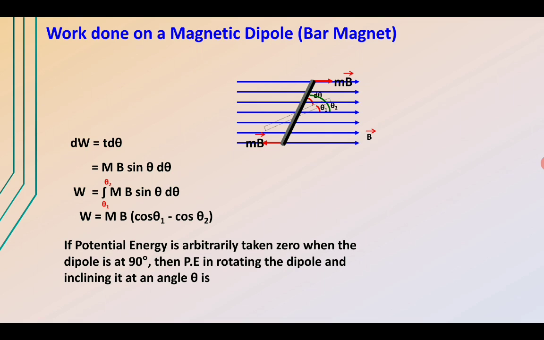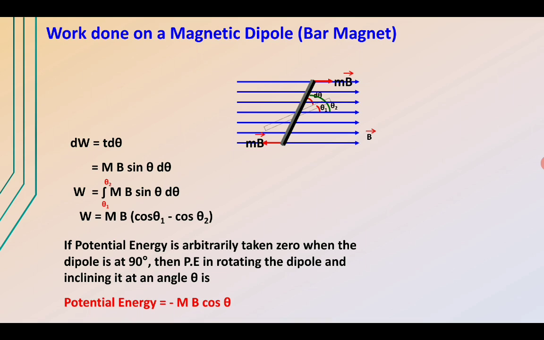Now this work done is stored as the potential energy. So if potential energy is arbitrarily taken 0 when the dipole is at 90 degrees, and the potential energy in rotating the dipole to an inclination at an angle θ, the work done stored as the potential energy is also given by U = W, and that is equal to mB (cos θ1 − cos θ2), and this is our net potential energy stored in this bar magnet when it is placed in the uniform magnetic field.